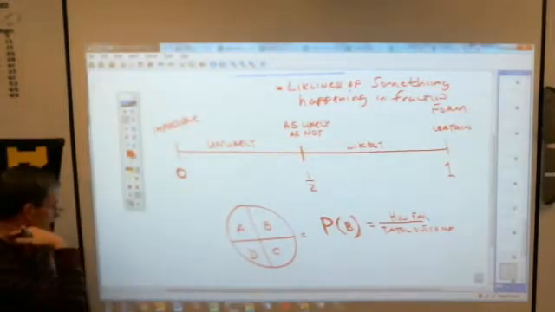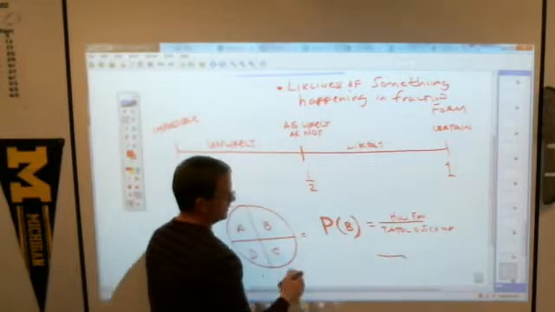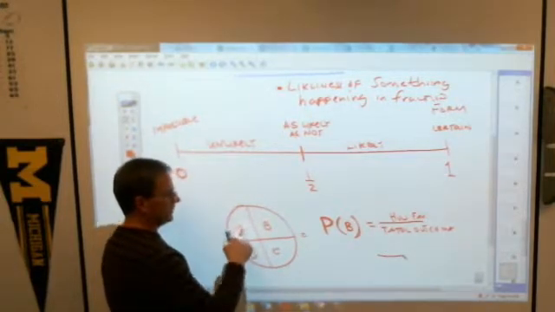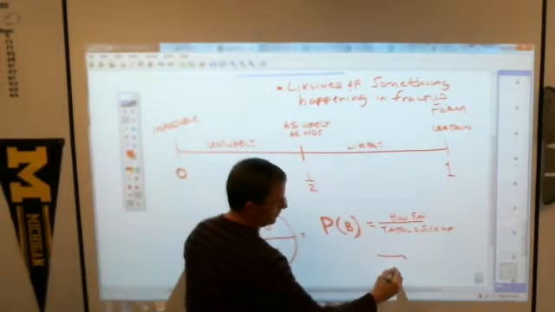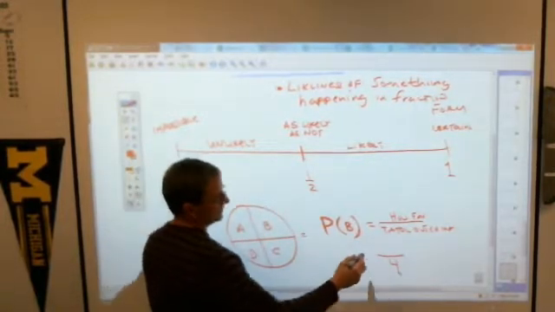So if you're looking at spinning this wheel, how many different possibilities are there? You could have A, B, C, and D. There's 4 of them. How many of those 4 are the letter B? Just 1 of them.